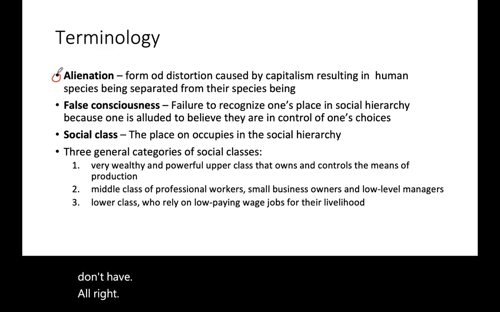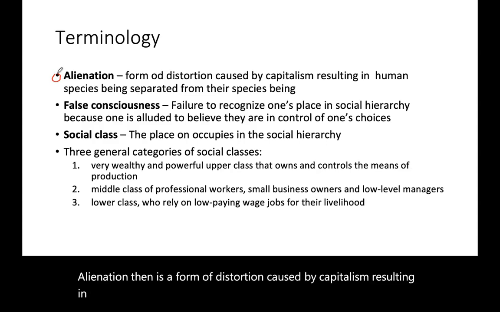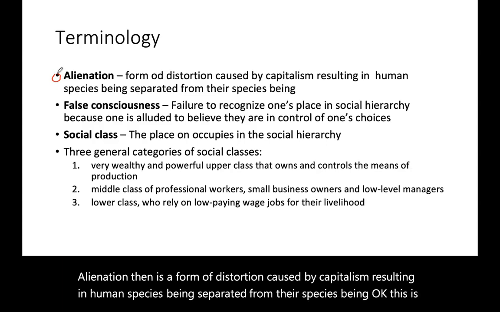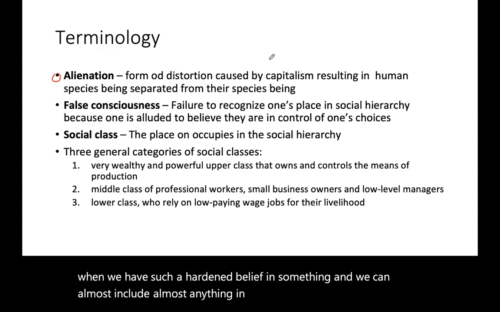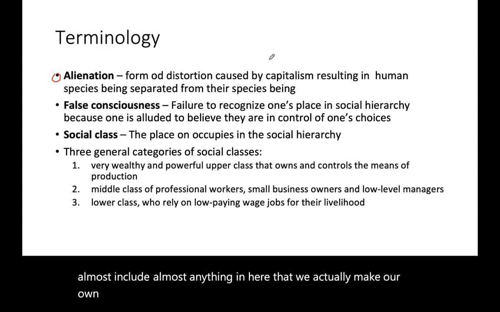Alienation is a form of distortion caused by capitalism, resulting in human species being separated from their species being. This is when we have such a hardened belief in something, and we can include almost anything in here, that we actually make our own living situation even worse.